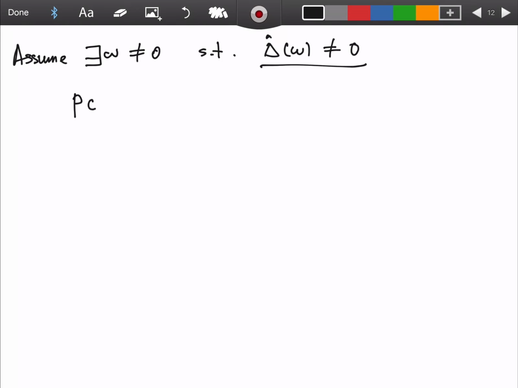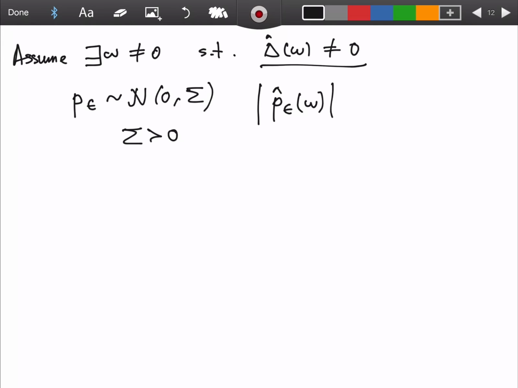Remember that our p_E is a Gaussian with this covariance matrix sigma. Its Fourier transform will also be a Gaussian with the inverse covariance matrix, but it doesn't matter whether it's inverse or not. The covariance matrix itself is positive definite. So let's take the absolute value of p_E hat at point omega. It will be the absolute value of e to the power minus 1/2 omega transpose sigma inverse omega.